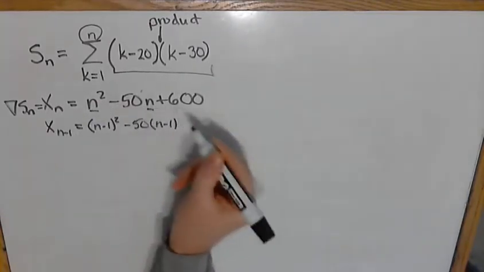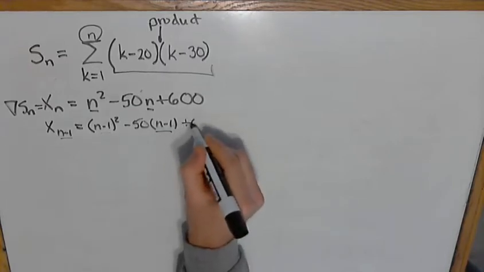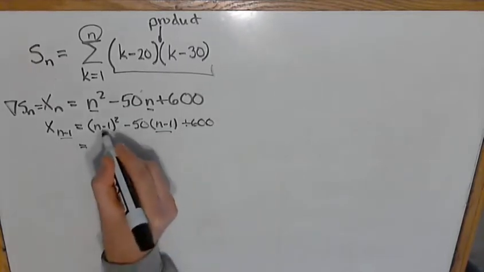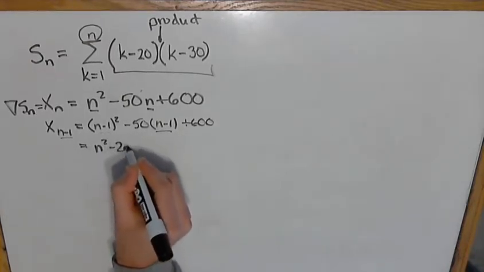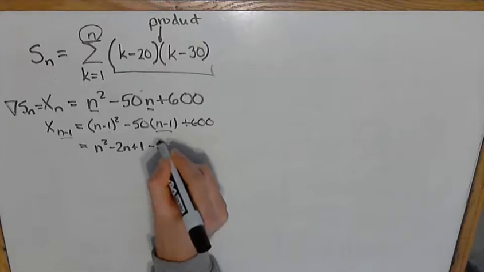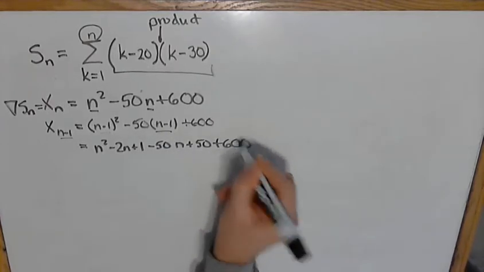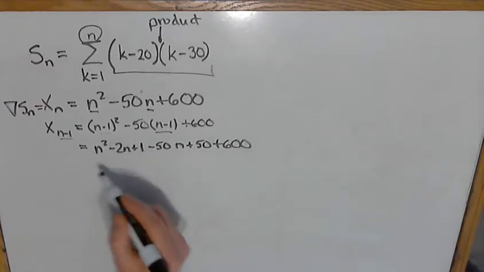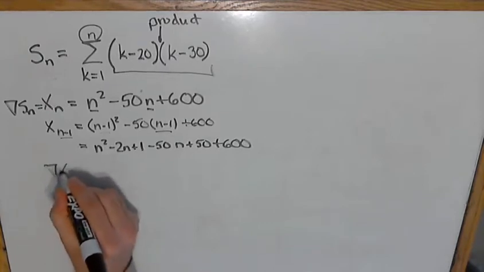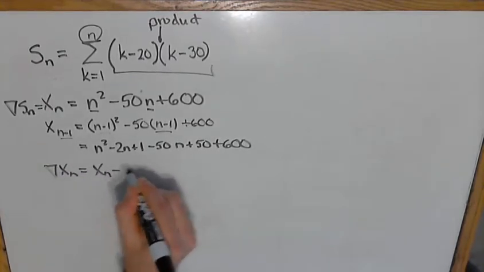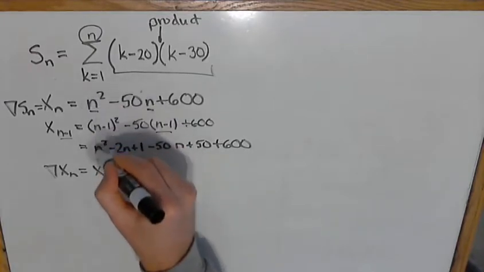Every n gets substituted by n minus 1. And now I have to expand this, and you should be pretty good at expanding that. It's always the same formula. Minus 50n plus 50 plus 600. And when I subtract this formula minus this formula, I'm going to have n squared minus n squared.